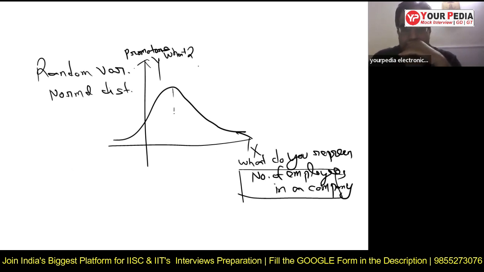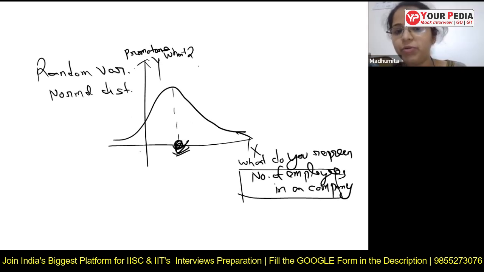Now tell me, in this example what you have taken, what does this point represent? This is the maximum number of people who have got promotion in that particular year.